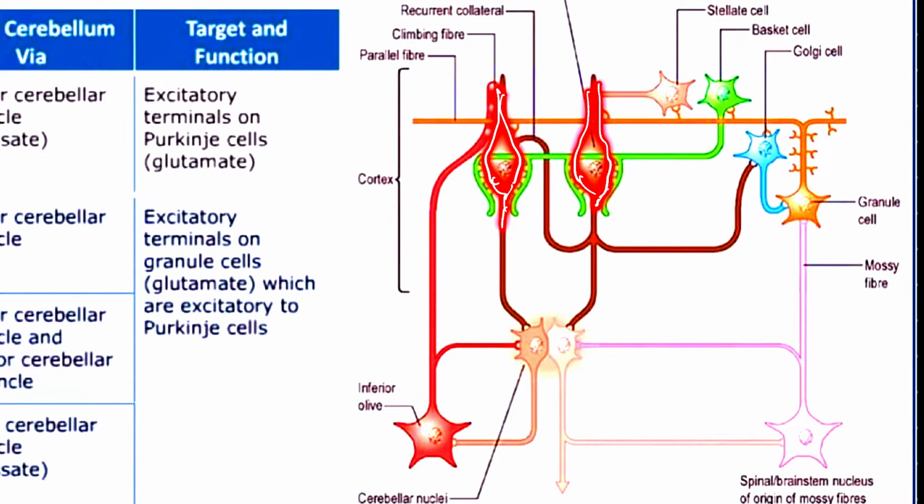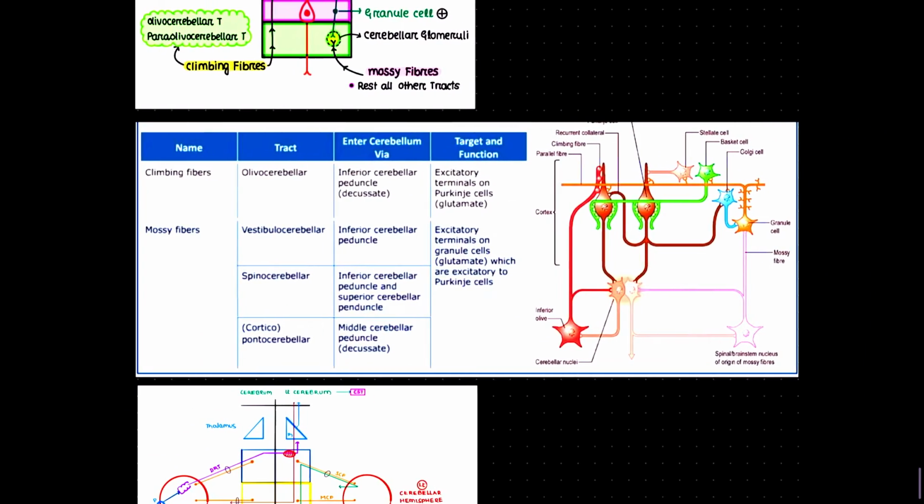The Purkinje cell will send information to the deep cerebellar nuclei. These deep cerebellar nuclei will send efferents to the thalamus through the dentatothalamic tract. So this was about the cerebellar pathway.